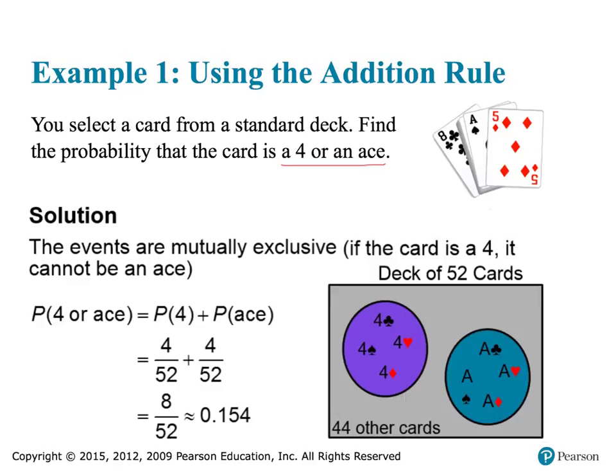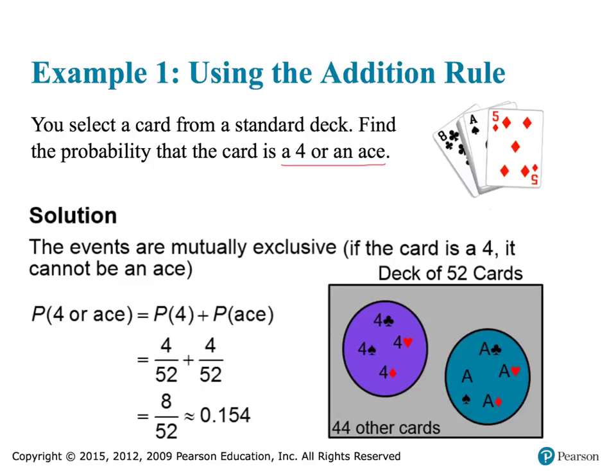Therefore, these events are mutually exclusive, and I can just add their probabilities without worrying about subtracting the intersection because there's nothing in the intersection. Because there are 4 4s in a deck, that's 4 out of 52, and 4 aces in a deck, that's 4 out of 52, then the probability that I pick a 4 or an ace is just the sum of those probabilities.